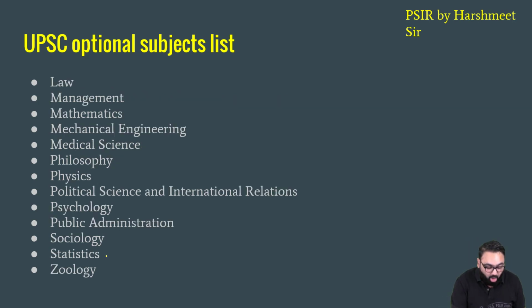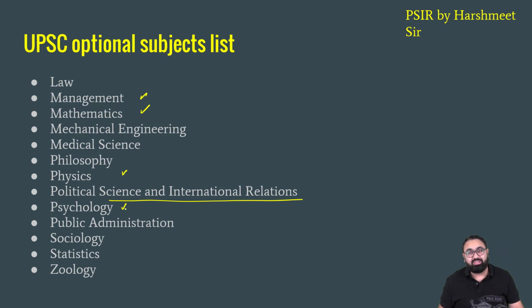We also have law, management, mathematics, mechanical engineering, so on and so forth. Then there is my subject, political science and international relations, philosophy, psychology. You have to choose any one of it. Remember, just one.